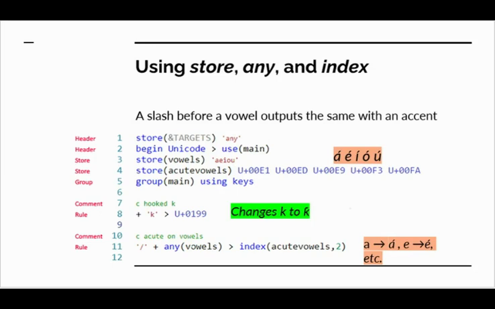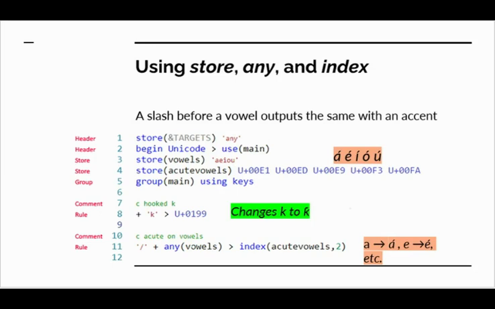So you can imagine that this would be a nice way of defining a couple of keystrokes to produce sets of characters with diacritics. Output could be as complicated as you want. You might have a slash before a vowel that would change to acute. You might have a backslash before a vowel that would change to a grave accent.